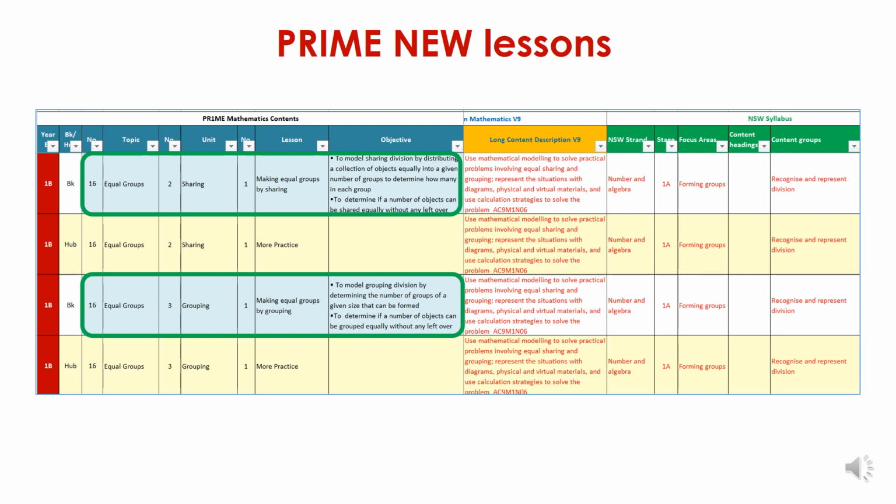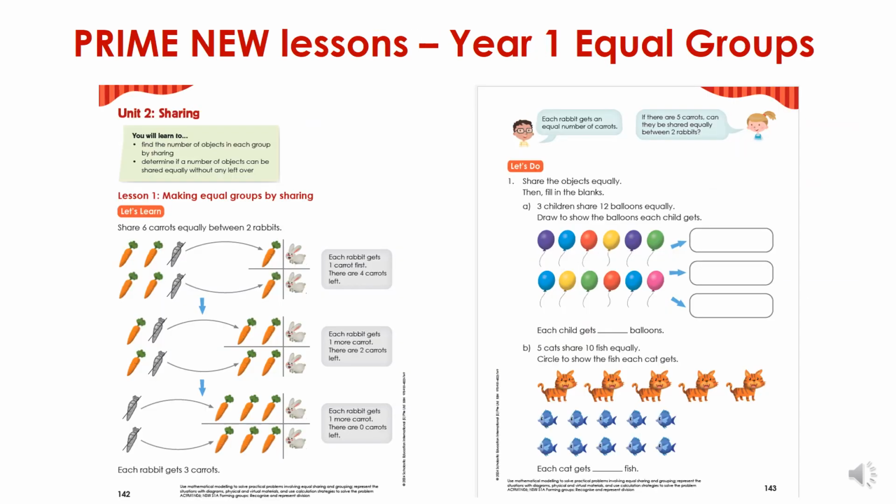For instance, in Year 1, equal groups including sharing and grouping is introduced in both the Australian curriculum and New South Wales syllabus. This topic was not previously included in Prime Level 1, so the lessons are new. And they use the Prime pedagogy in the student resources.